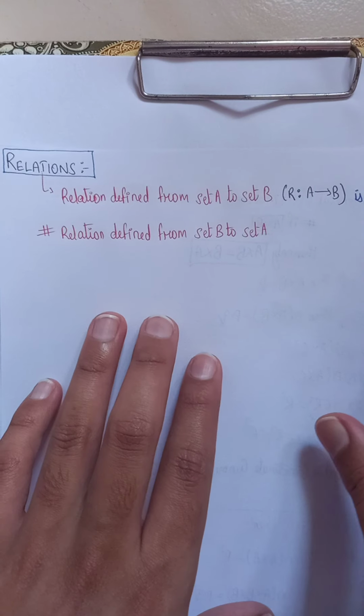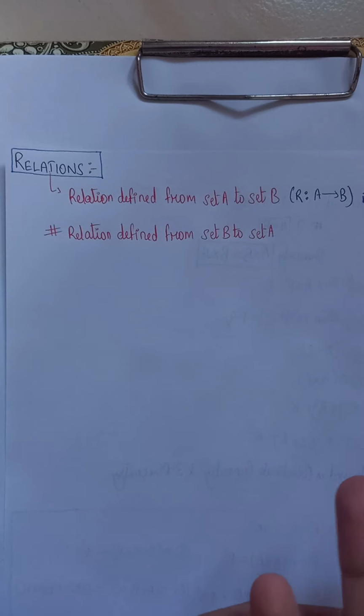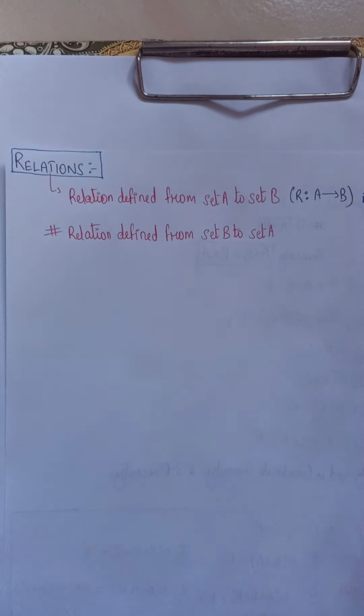From the name only you can understand it. You are in 11th class now, so you should know the simple definition of relation. For example, the relation between you and some of your school friends is friend.